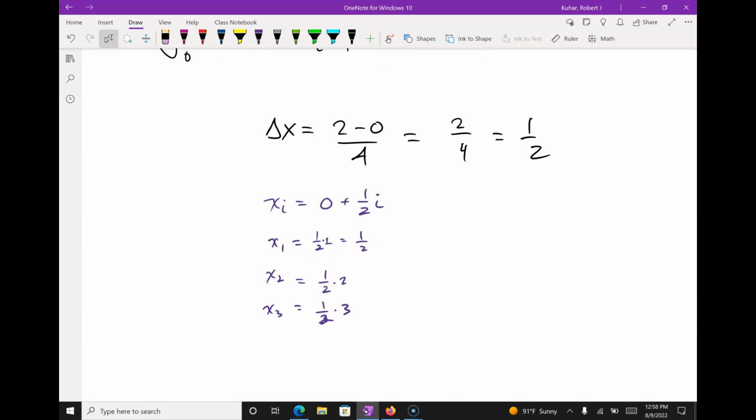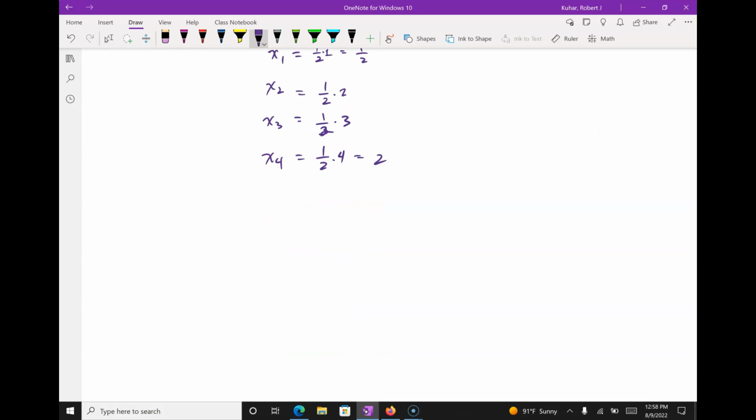So you can see it once I get my delta x. I'm talking about 1 delta x, then 2 delta x's, then 3 delta x's, and 4 delta x's. What's my x sub 4? It's 1/2 times 4, which happens to be 2. That's my endpoint. So I've got 1/2, 1, 3/2, 2, and I'm calculating the height of each rectangle at those values.